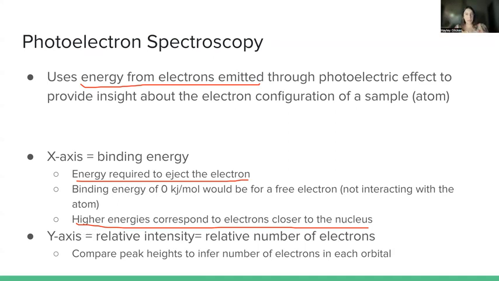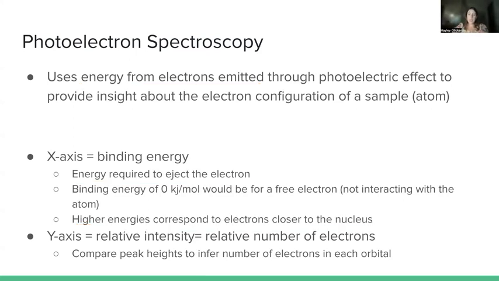Because the attractive forces are stronger, the binding energies of electrons closer to the nucleus are larger. The y-axis shows our relative intensity, which is related to the number of electrons that are ejected.